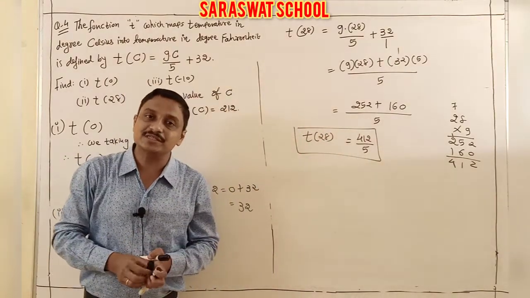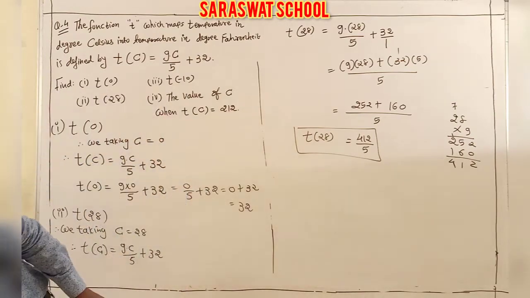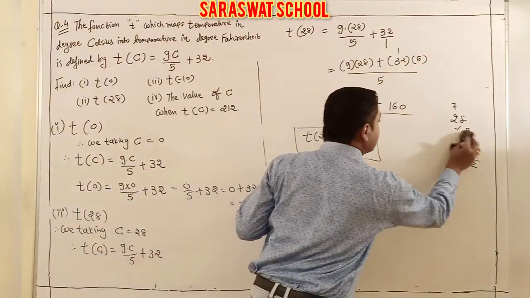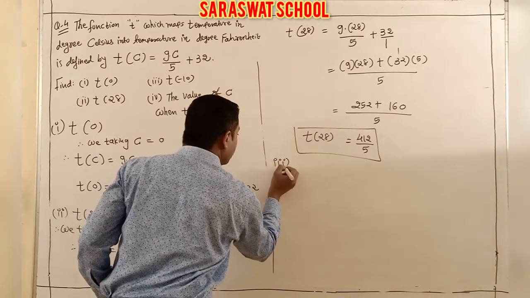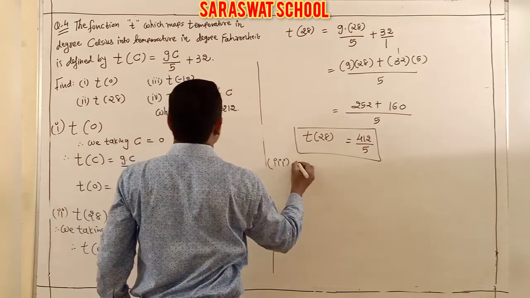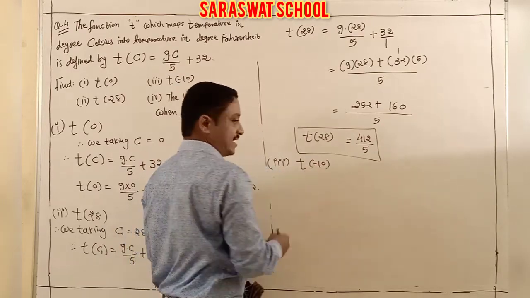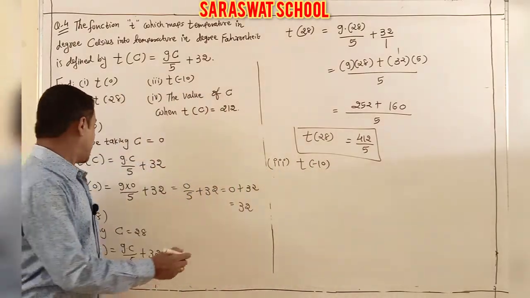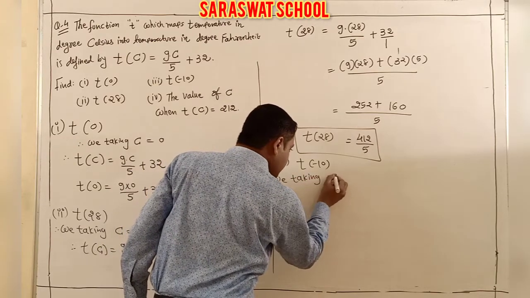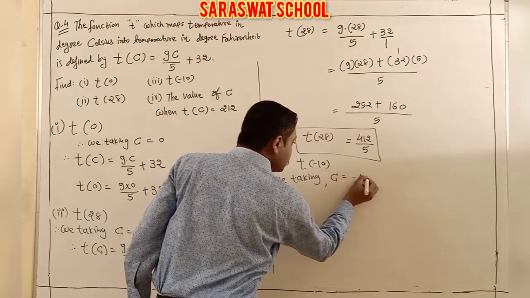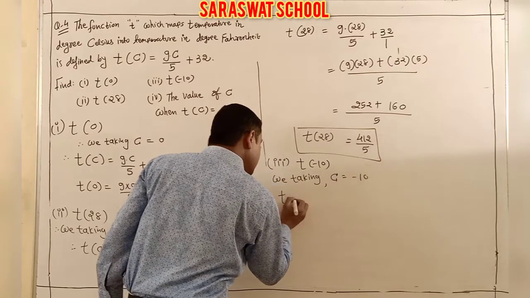That was our second question. Now students, move ahead slowly to the third one. Our third one is T of minus 10. Same apply: we take C equal to minus 10, and the formula is also ready.